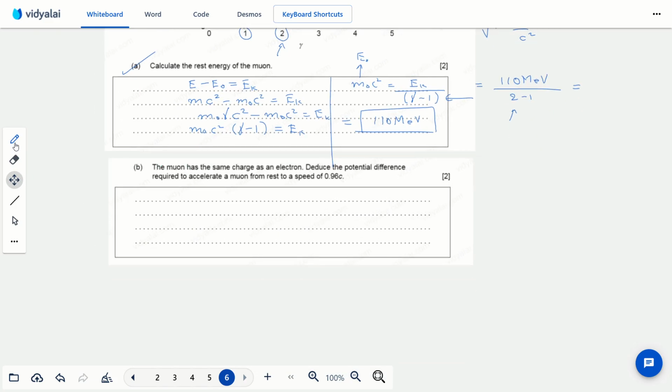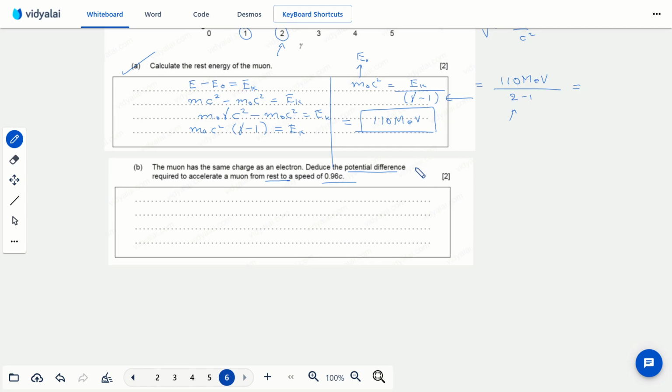Okay, so let's move on to part B. So muon has the same charge as an electron. So we have to deduce the potential difference required to accelerate this muon from a velocity of 0 to a velocity of 0.96 times c.